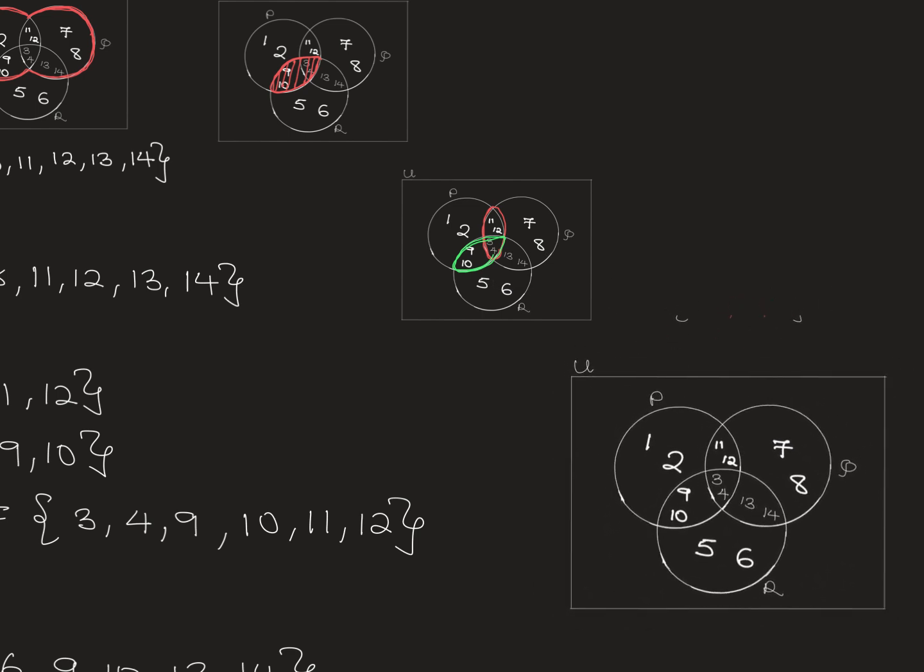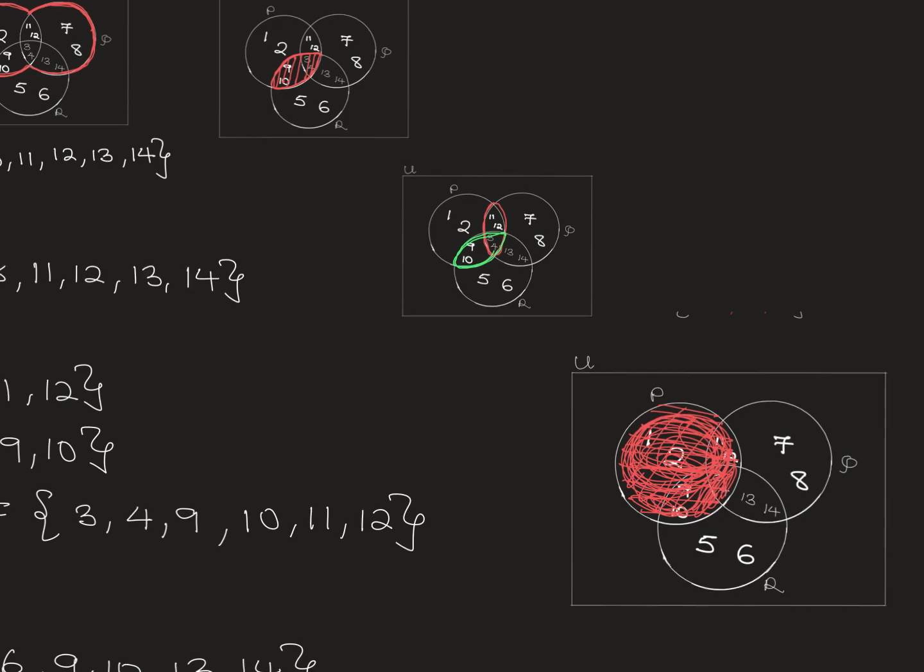If I try to exclude the members of set P, whatever is remaining is going to be P complement.